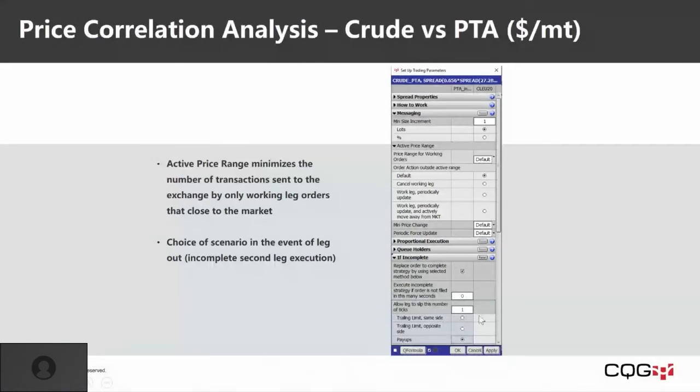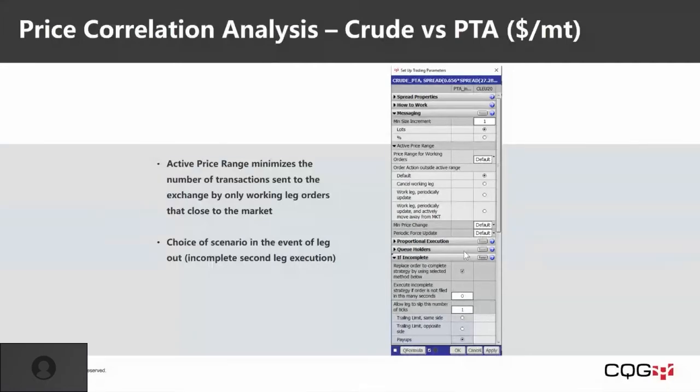And the last part is what we do in the event that we get legged out or an incomplete spread. What we call legged out is obviously we are executed on one leg, but when the time comes to execute on the second leg, the price that we originally wanted is no longer available.